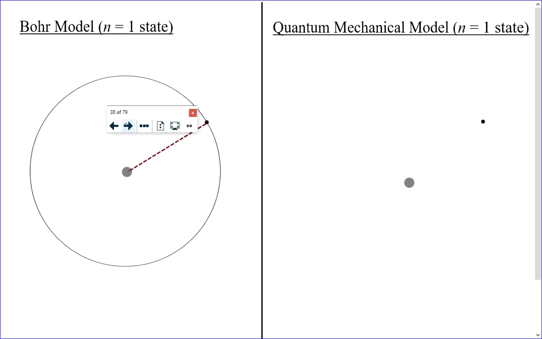So there's the Bohr diagram of what the atom physically looks like. This is hydrogen. And here's the quantum mechanical model. You'll notice there's no path, there's no orbit. The quantum model of the atom will say, well, the electron's there, and when we look at it next time, maybe it's there. And then we look at it sometime later, and maybe we see the electron in the atom in that location.